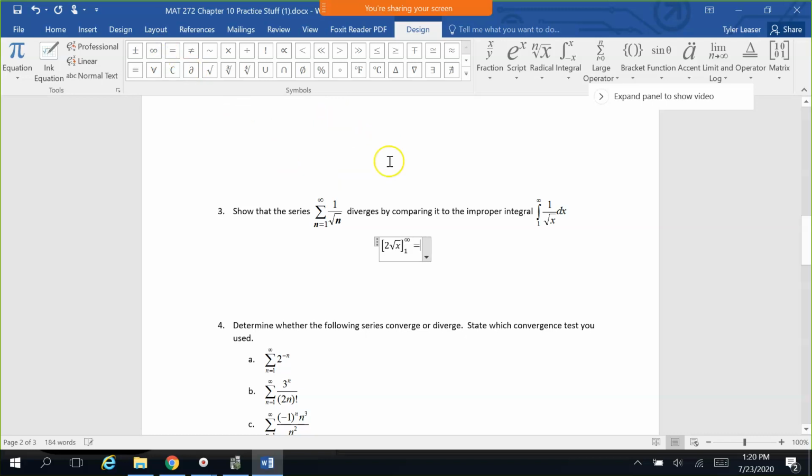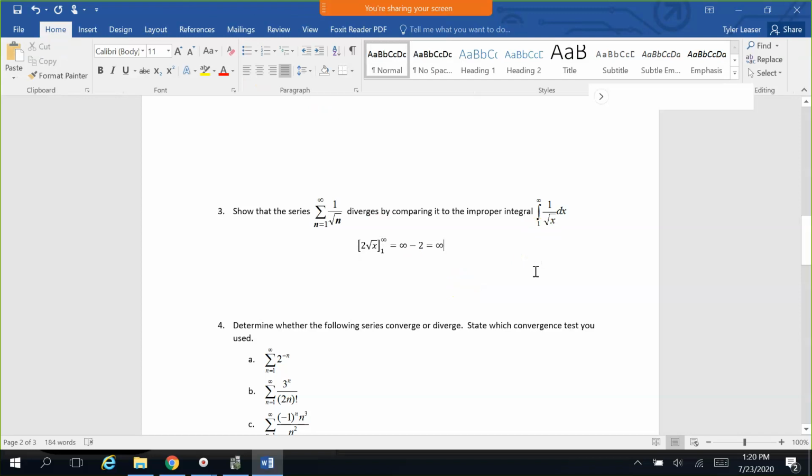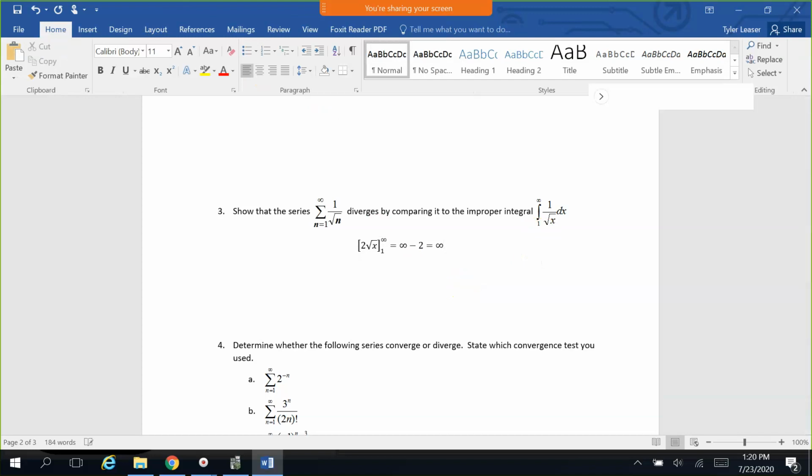And then for this one, if I plug infinity into this, the square root of infinity is still infinity. And it's going to be infinity minus 2 when I plug the 1 into there, which is still just infinity. So in other words, it diverges. Since the integral diverges, this means the series also diverges.